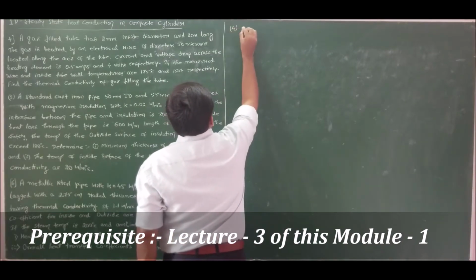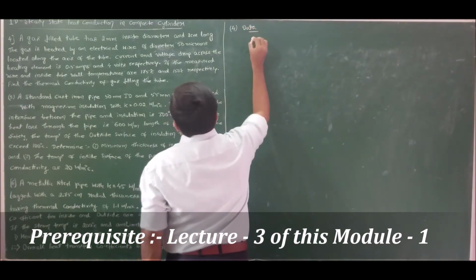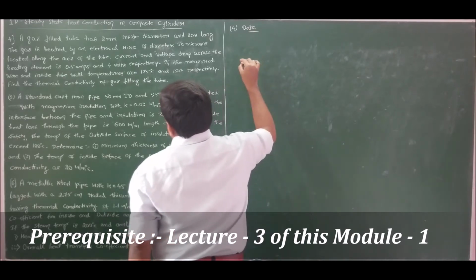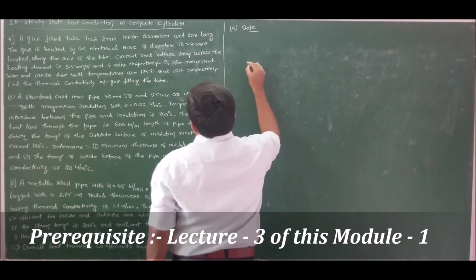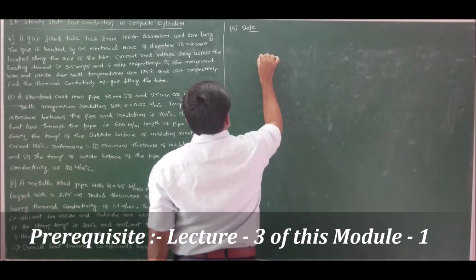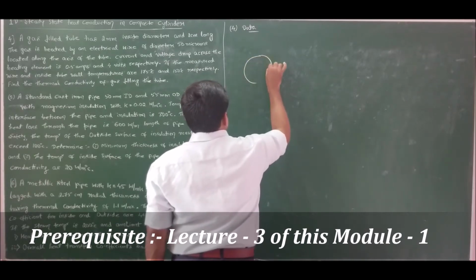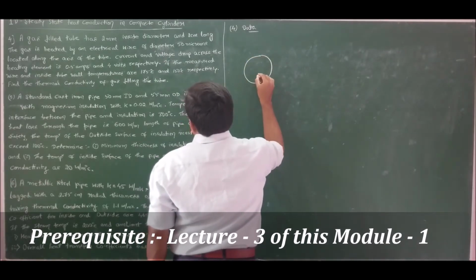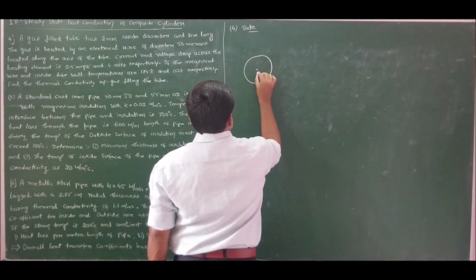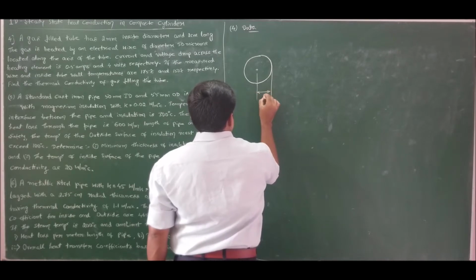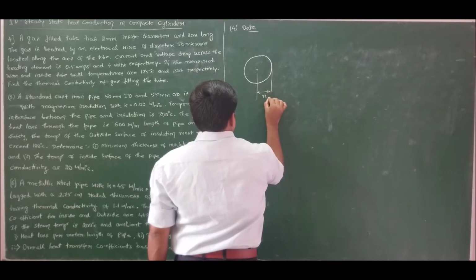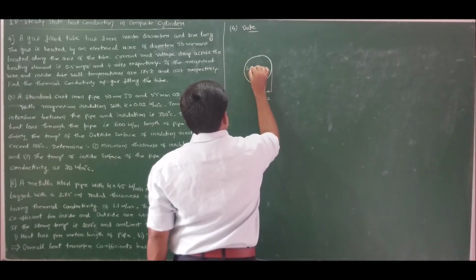If we analyze the data given for us, we have a gas filled tube of 2 mm inside diameter and 2 centimeters long. So we have a tube whose diameter is specified for us. The tube radius can be determined, and this tube is filled with gas.